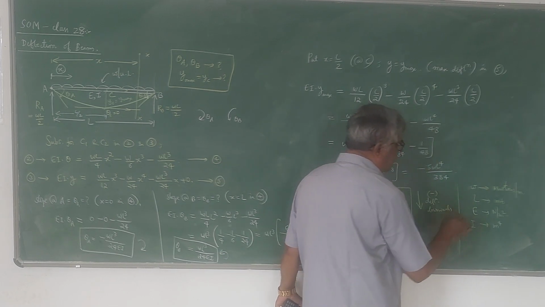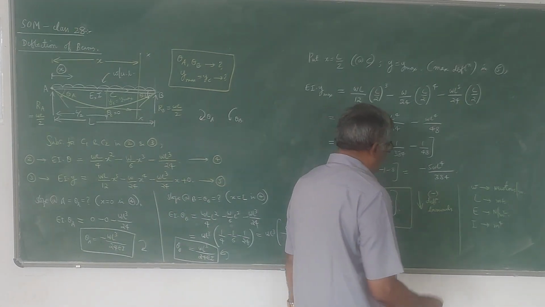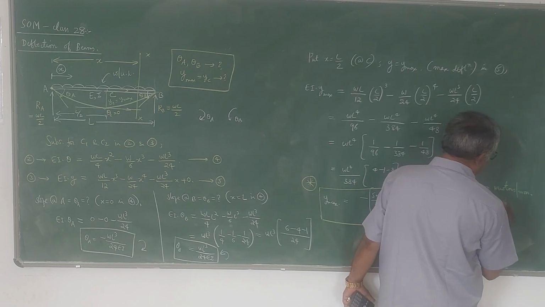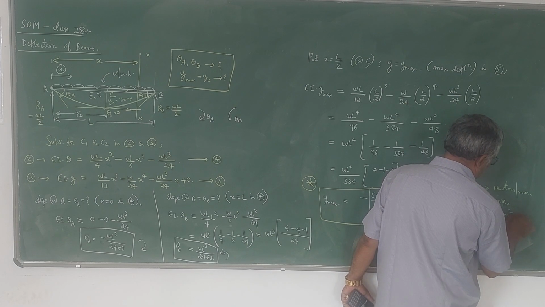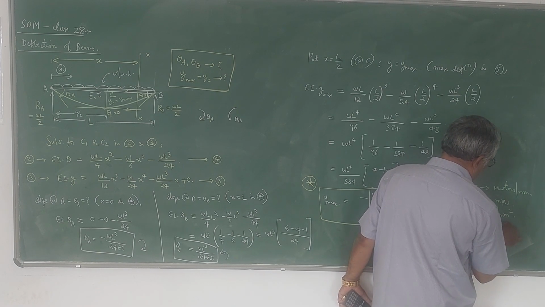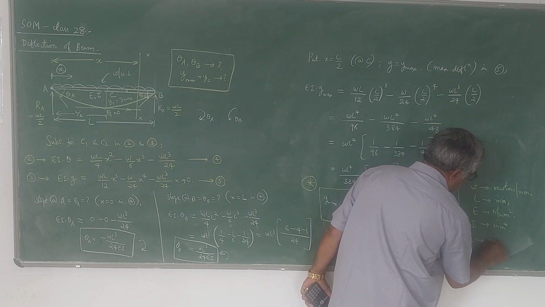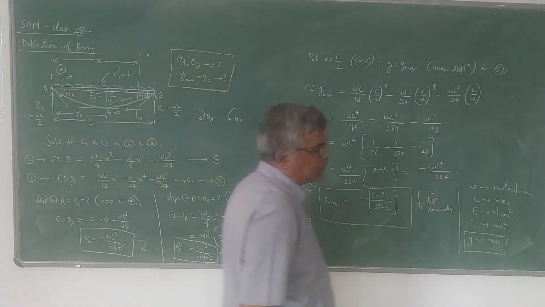These are the values normally. But what we do here is, if you take W in newtons per millimeter, L in millimeters, E in Newton per millimeter square, and I in millimeter power 4, the deflection value y you are going to get in millimeters directly.